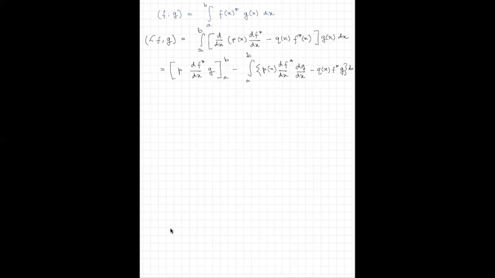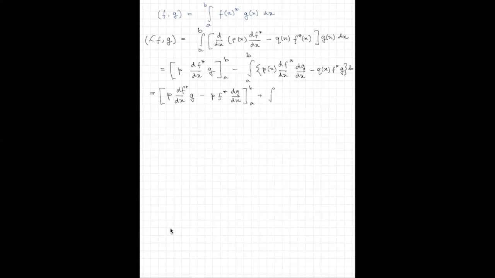All right, so what do we get? So what we get is p df*/dx g minus p f* dg/dx. We group these two together at a and b, plus we have an integral.